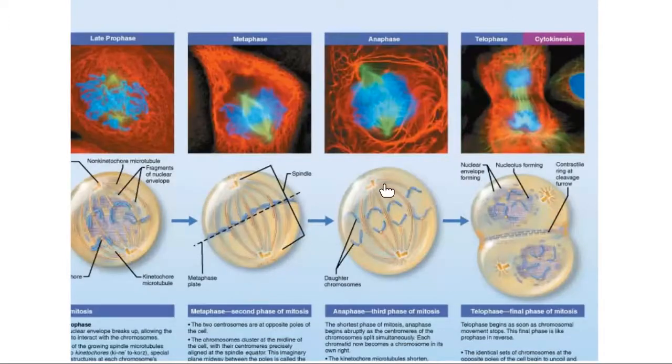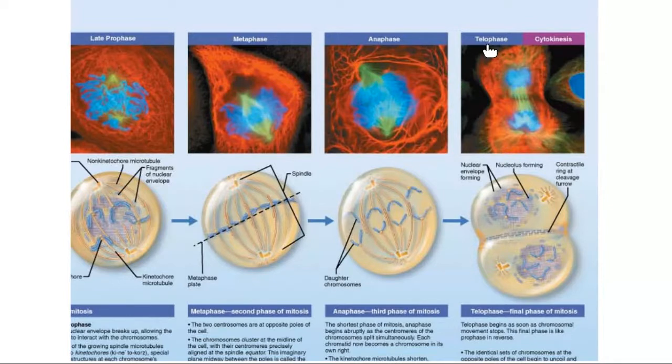When we ask about the phase of mitosis where the chromosomes split, or where the chromosomes are sent to opposite ends of the dividing cell, those are descriptions of anaphase. When I ask you for the phase of mitosis where two new nuclei form, or when the chromosomes loosen back up and turn into chromatin, those are descriptions of telophase.